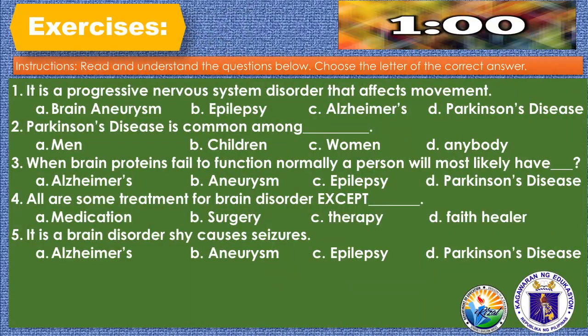Okay, kids, I want you to get a piece of paper and let's check what you have learned from this lesson. There are 5 questions that you need to answer, and I will be giving you 1 minute to finish them. And your timer starts now.